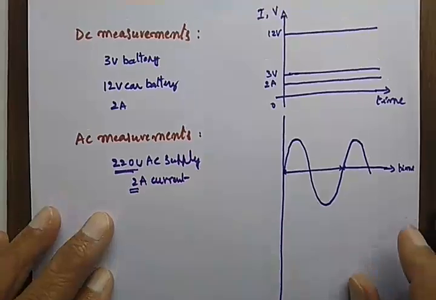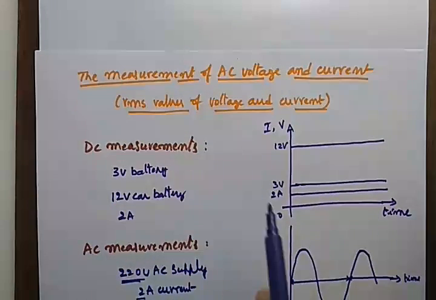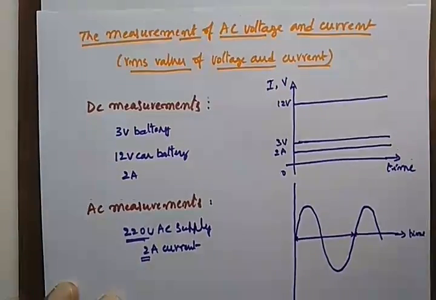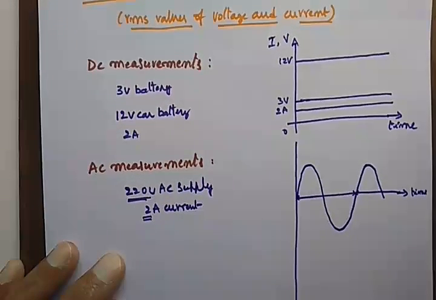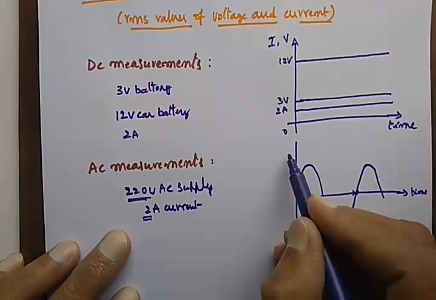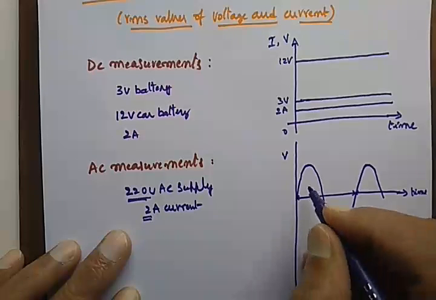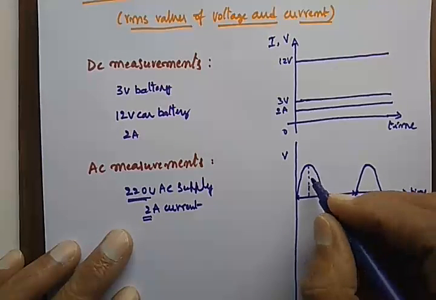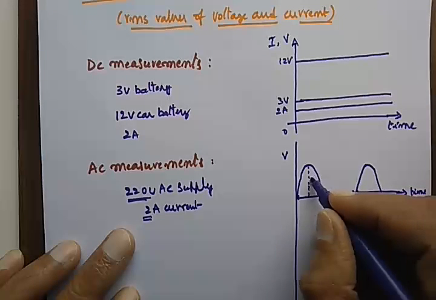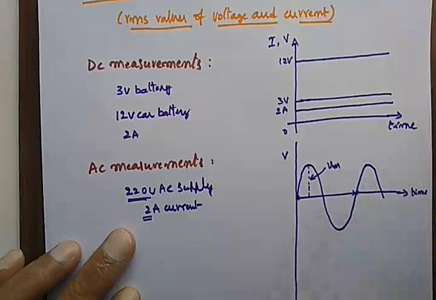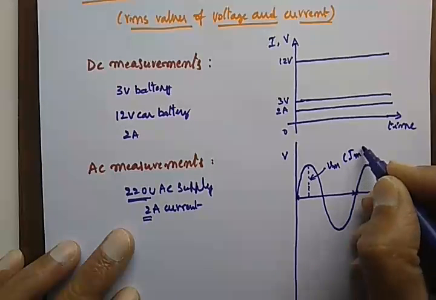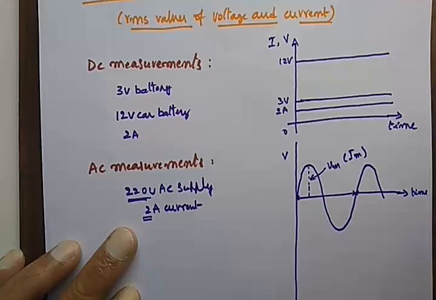These are all RMS values, as I already told. RMS means root mean square value, which we will try to understand. In an AC, let us take voltage first. We can represent this maximum point as VM, the maximum voltage. If it is current, we will say maximum current, IM, M is for maximum.